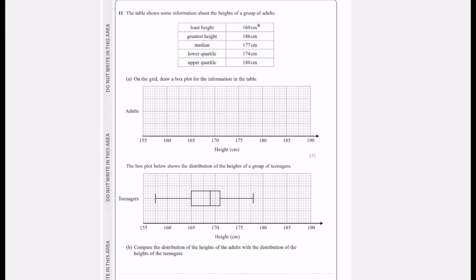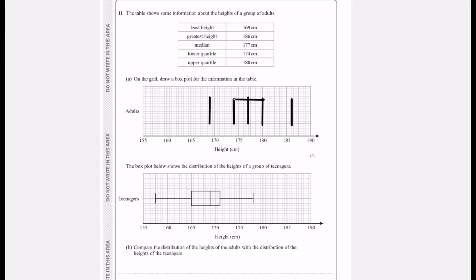So 169, we'll draw a line. So 2 back from 170. 186. 177 for the median. 174 lower quartile, and 180 for the upper quartile.